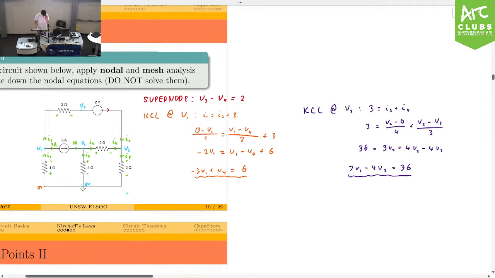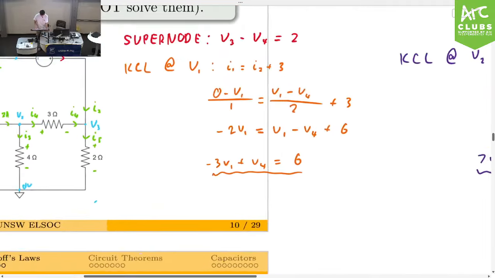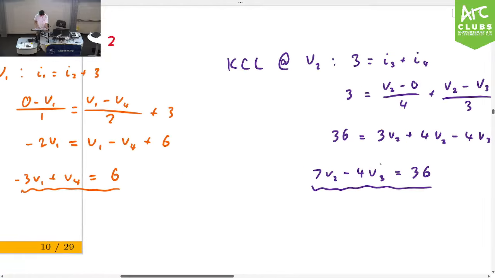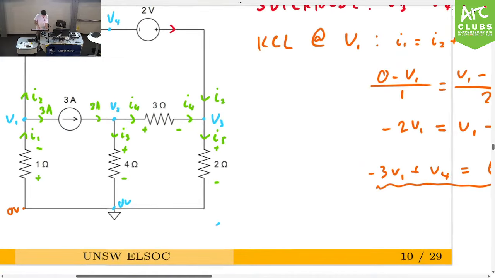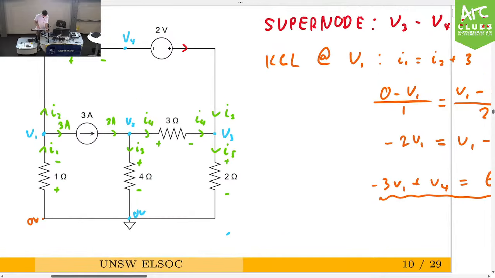And now we have to do KCL one more time because we have 4 variables. We have V1, we have V2, we have V3, and we also have V4. So we need a fourth equation so that we can solve simultaneously. Now, let's try KCL at the supernode.